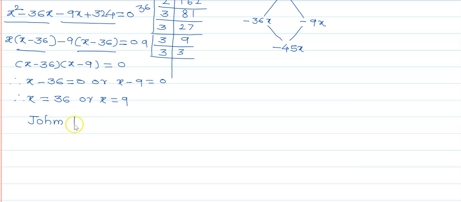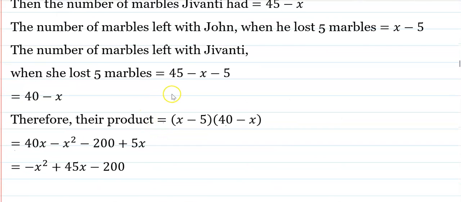John had x, that is equal to 36. And then what about Jivanti?